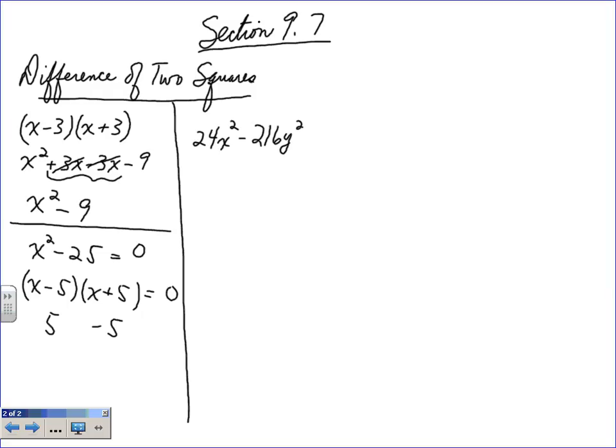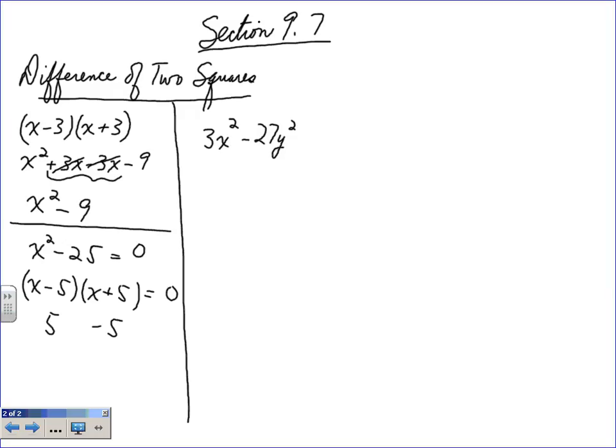I don't know if this one's going to work or not. No, this one won't work. All right, so let's try something maybe a little bit simpler. Let's take 3x squared minus 27y squared.